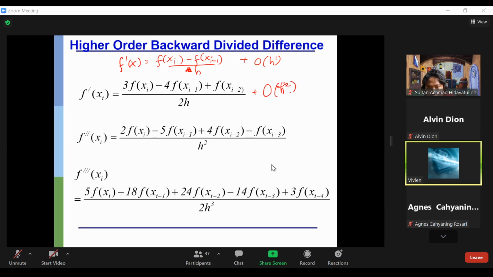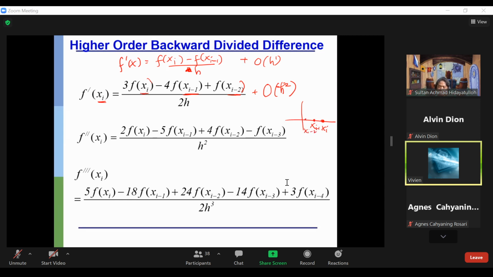Now we have second order. We see here that to calculate the gradient at x_i, it now depends on x_i and also x_{i-1} and x_{i-2}. So it's not only dependent on x_{i-1}, but also on x_{i-2}.